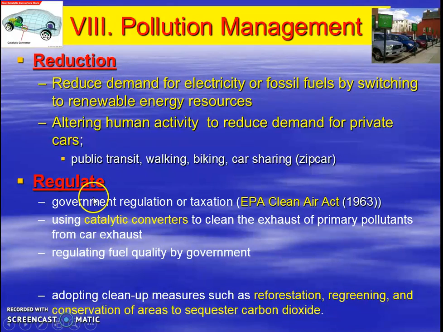Regulations tend to be focused on the EPA's Clean Air Act, which was formed in 1963 in the U.S. A lot of that is what led to the states, like the Virginia Department of Environmental Quality, having the car emissions tests that you might have had to participate in. Those are going to encourage the use of a really cool thing called catalytic converters that are inside the car, and those things clean the exhaust of those primary pollutants before they even get released.